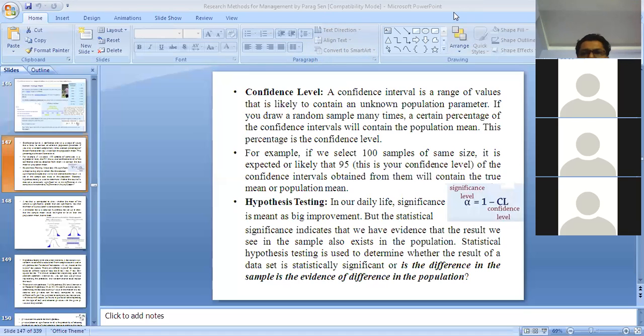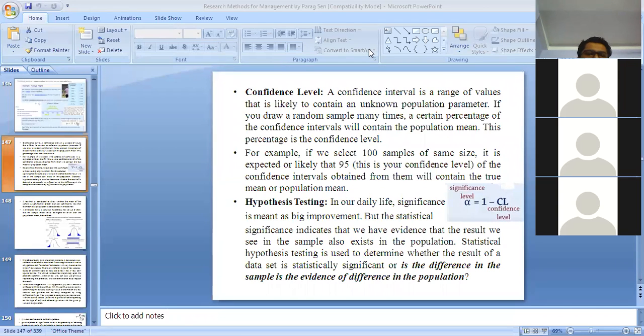That means you take a decision about your population through a statistical method, which is known as hypothesis testing. Okay, that means hypothesis testing is used in surveys. You take data from some samples, and through the statistical method of hypothesis testing, you draw some conclusion about your population.